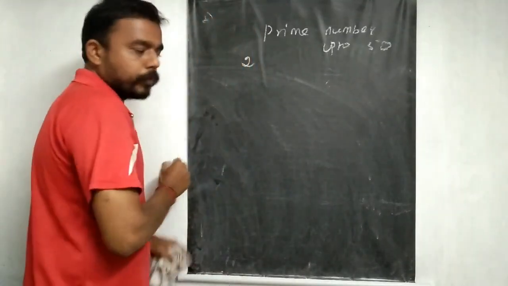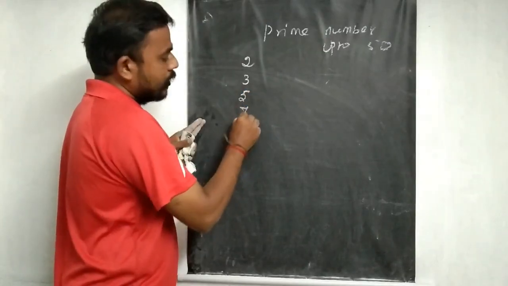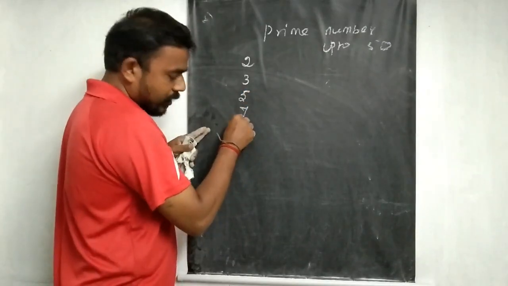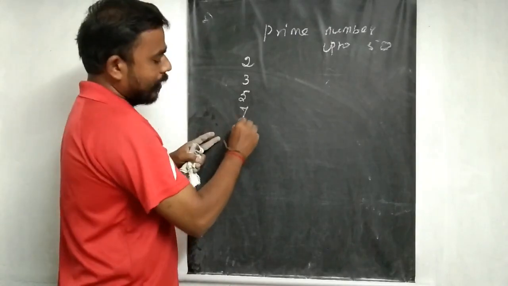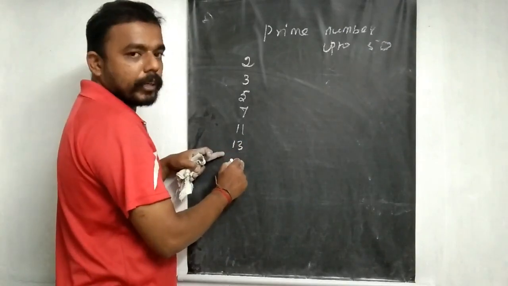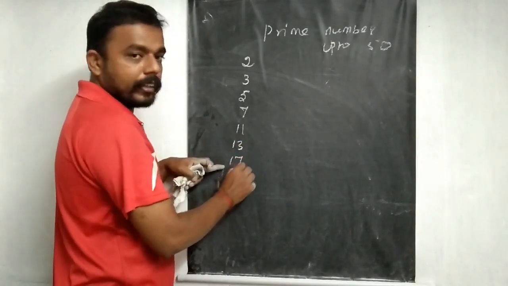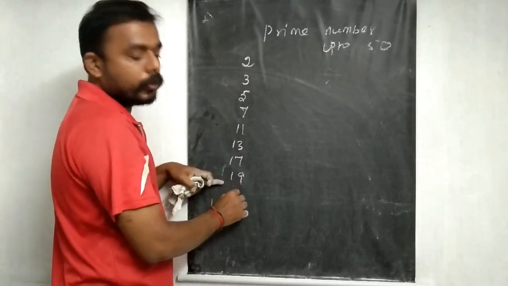First prime numbers: 2, 3, 5, 7. After that 8, 9, 10 not possible, 11, 12 not possible, 13, 14 not possible, 15 not possible, 16 not possible, 17, 18 not possible, 19, 20, 21, 22, 23.